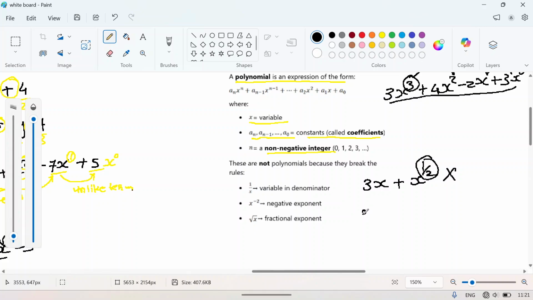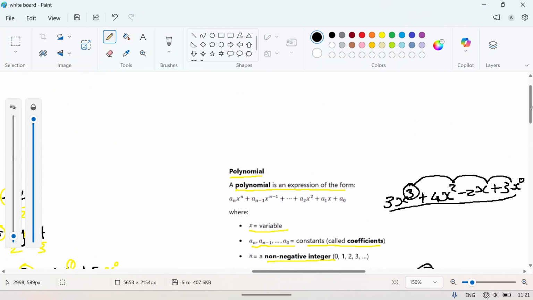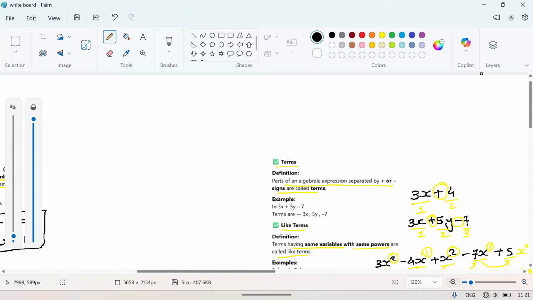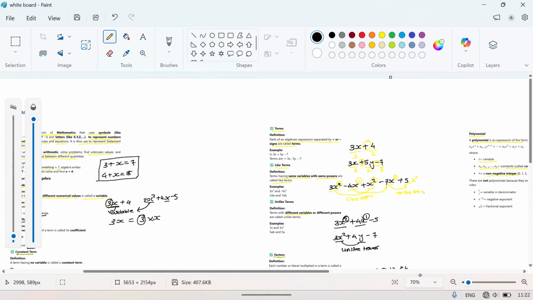Another thing, we can't write 3x raised to minus 2 plus 4x. Here the power is a negative integral value, so it's not a polynomial. So if an algebraic expression is a polynomial, its exponents or powers of the variable are always non-negative integral values. This is the sum of the basic terminology, definitions and ideas of algebraic expressions.